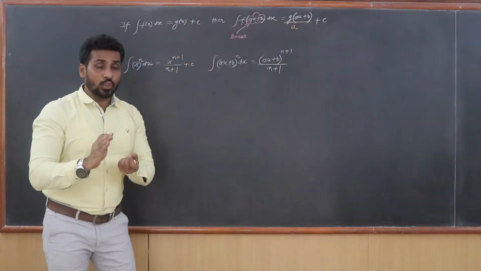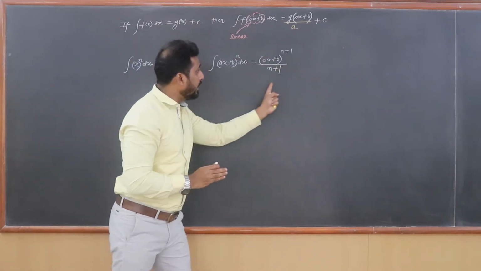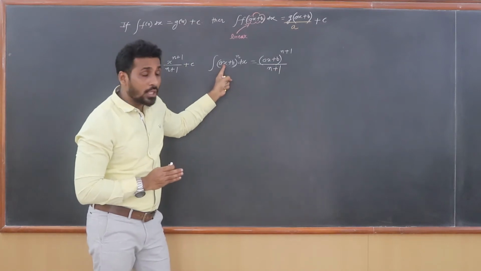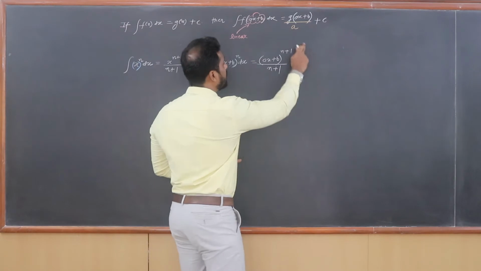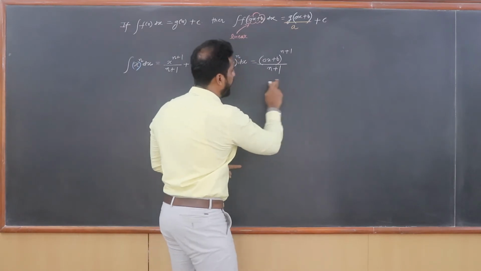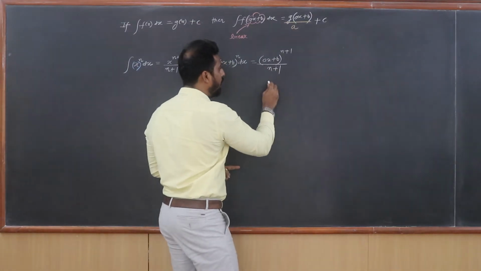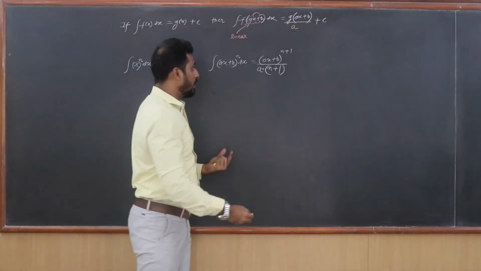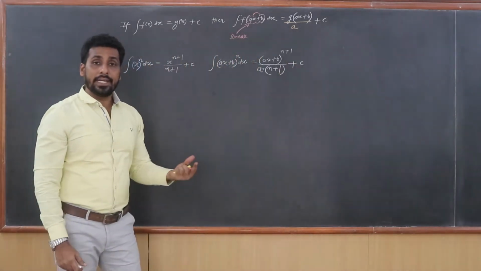The only thing we should always remember is to divide the entire answer by the coefficient of x. Coefficient of x is a. So the entire answer gets divided by a. So I can write it here, into a. And as usual, plus c should always be added because we are considering the indefinite integration.